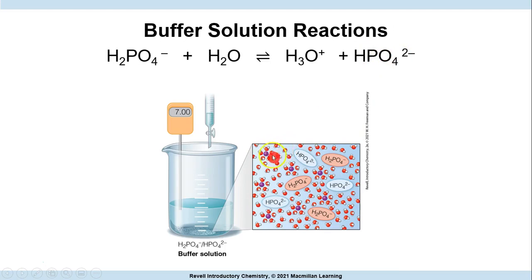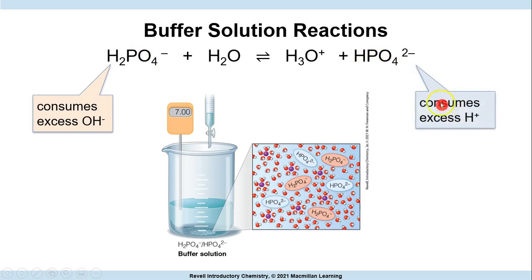What happens in aqueous solution is that if you add any acid or any base, it is going to be consumed. The dihydrogen phosphate has the role of consuming any base. Now, this is the conjugate here, and it will consume any acid that is present.